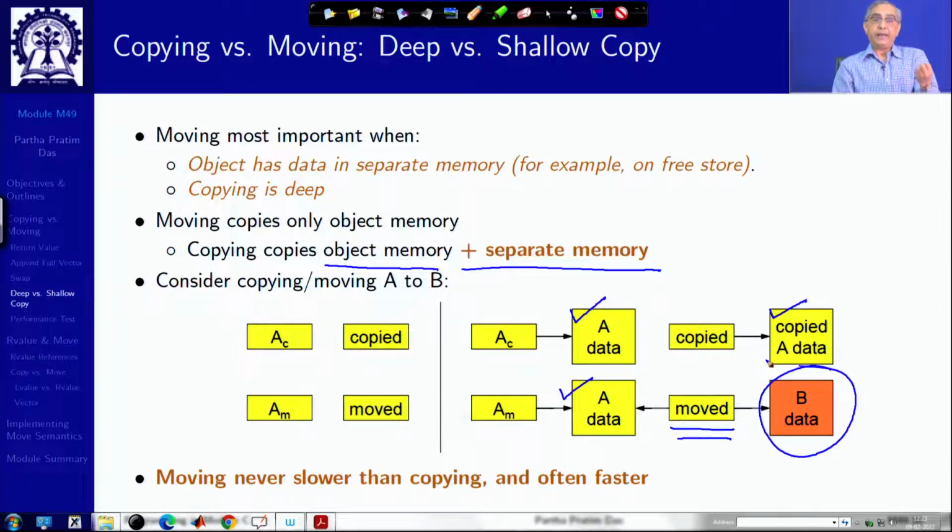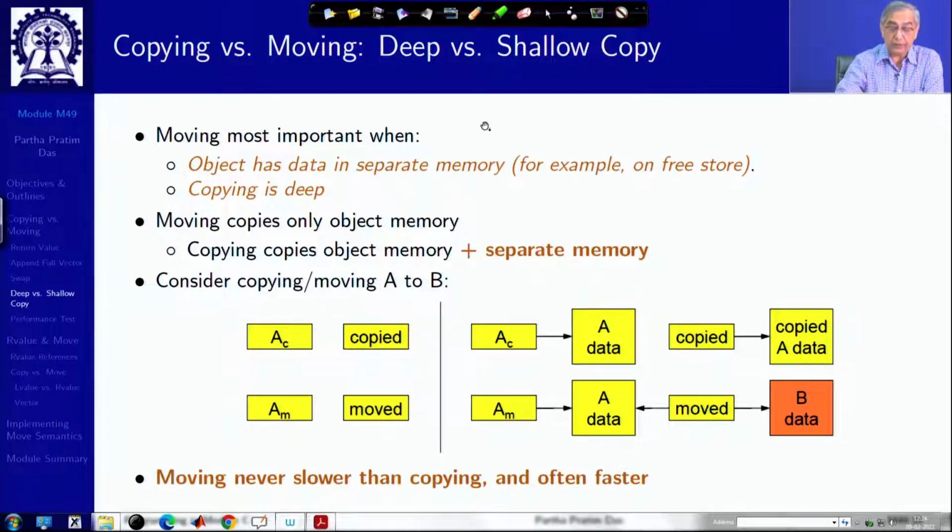So, move obviously invalidates the source, which copy does not, right. So, whenever the source from where I want to make a duplicate is not required after this operation, I can certainly do move instead of copy. Certainly, it will always be faster to do that.